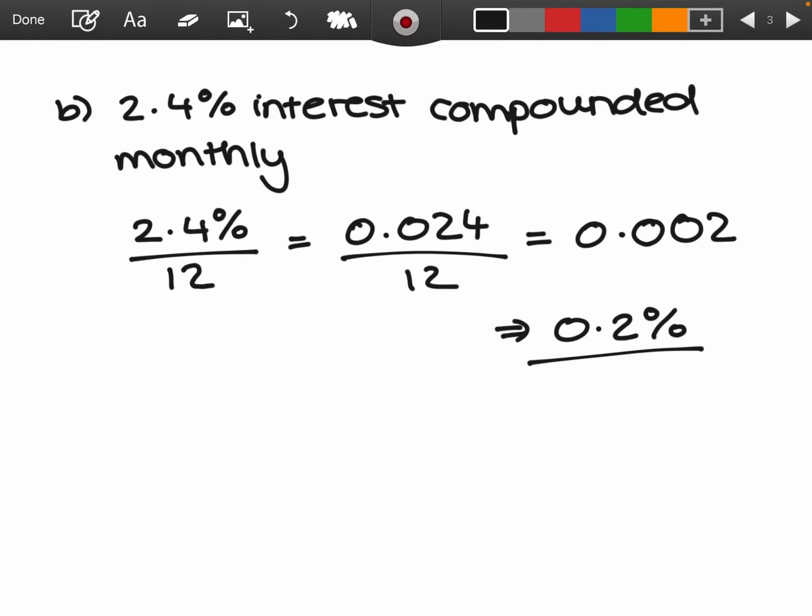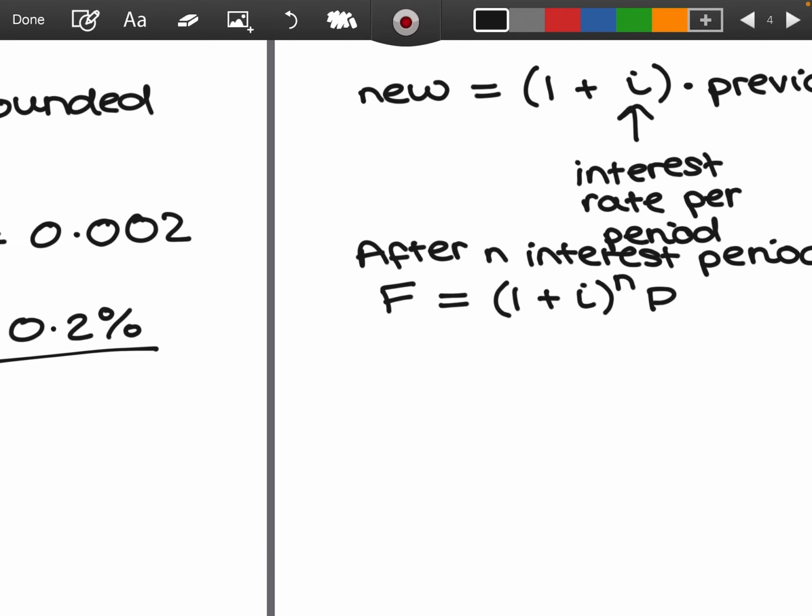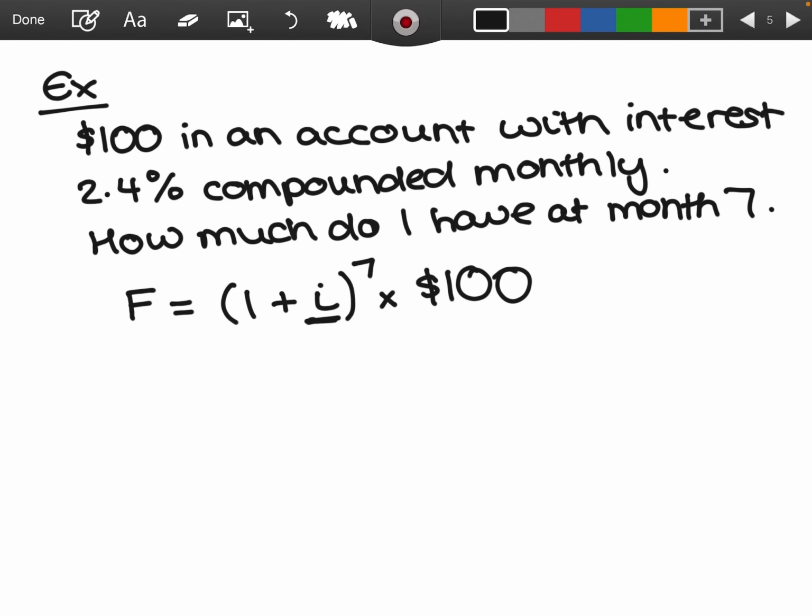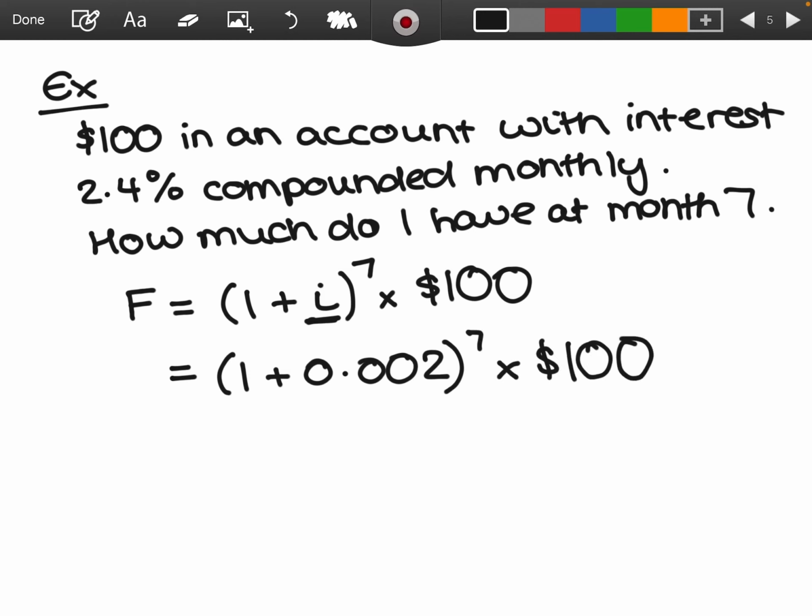My interest rate per period was 0.2%, okay? Because that would be my 2.4% annual compounded monthly, so divided by 12. So I always put it as a decimal, like I said, would be 0.002 to the power 7 multiplied by $100.